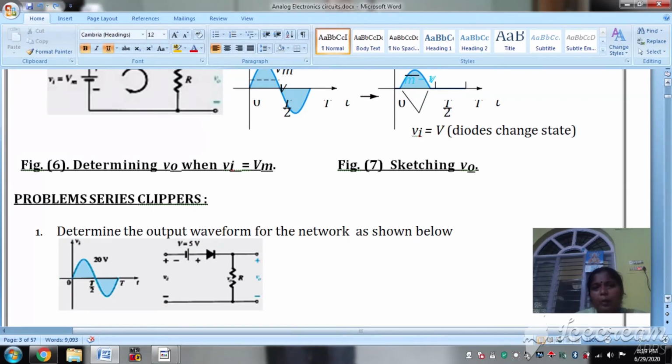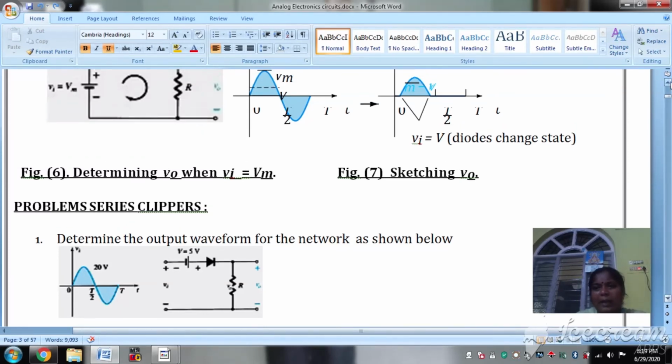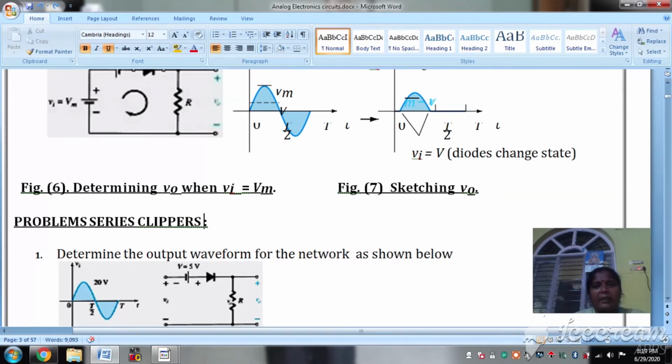See, up to this is nothing but your 1 volt. Whatever I have explained in the theory part, up to this 1 volt, what is your output? Your output will be 0. See here it is maintaining 0. The small gap is there, that is maintaining 0.